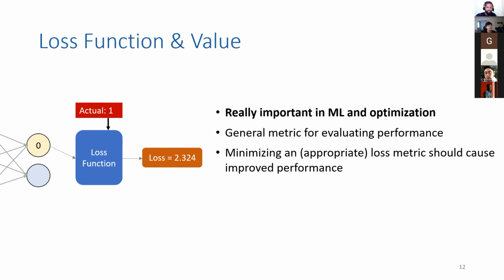By minimizing the appropriate loss metric, you should get improved performance in your network. So how the loss function defines that is important, because that determines what the network tries to optimize for.